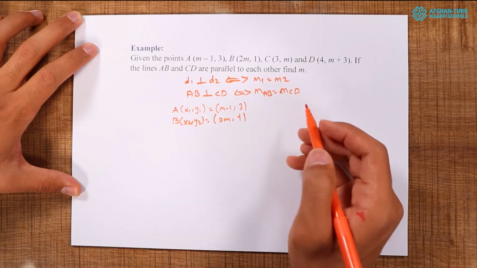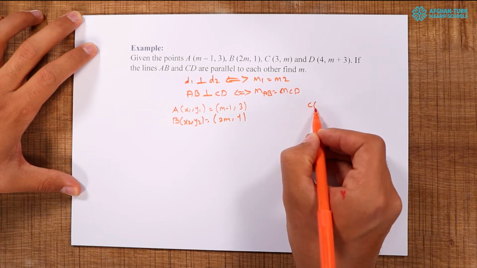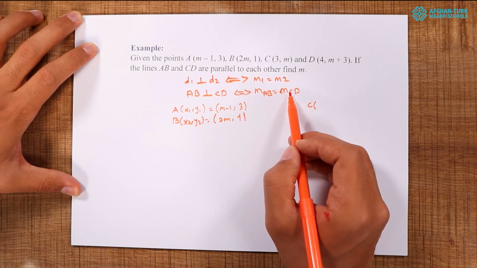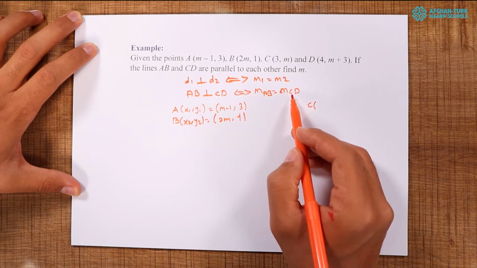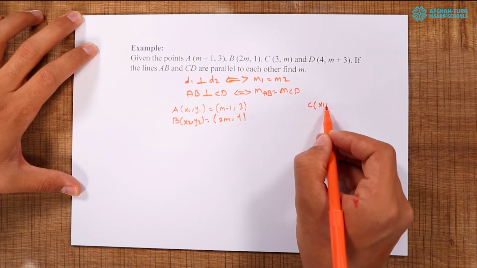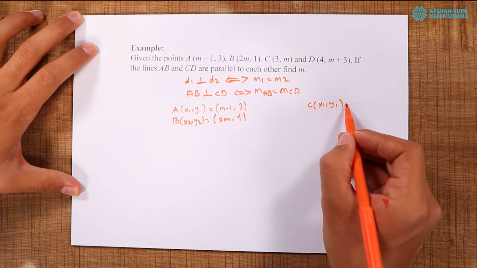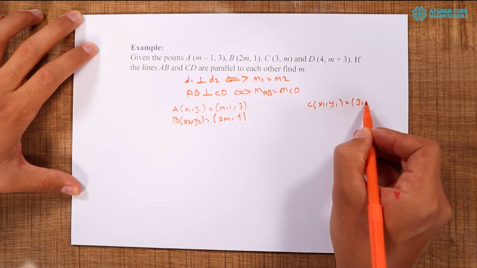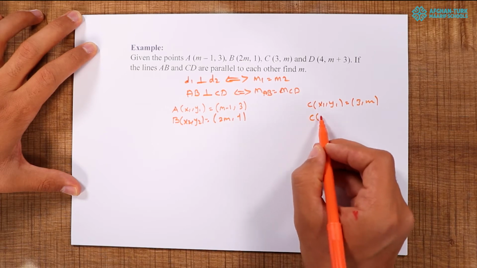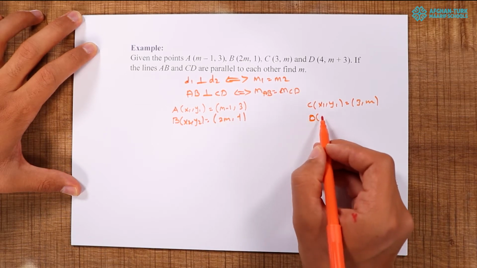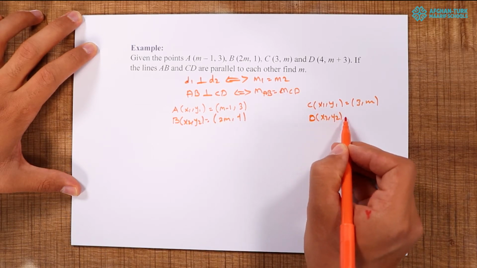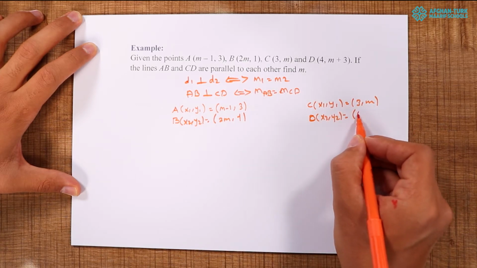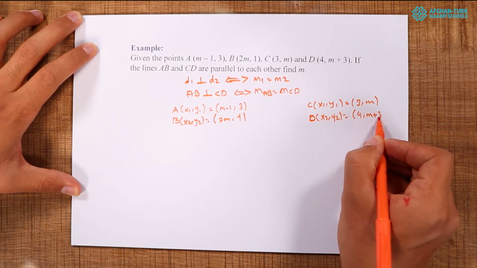And also in here we have point C. When we say slope of CD, C comes first, so C is x1 and y1. So what's the values of x1 and y1? 3 and m. And also we have D, x2 and y2 with coordinates of 4 and m plus 3.